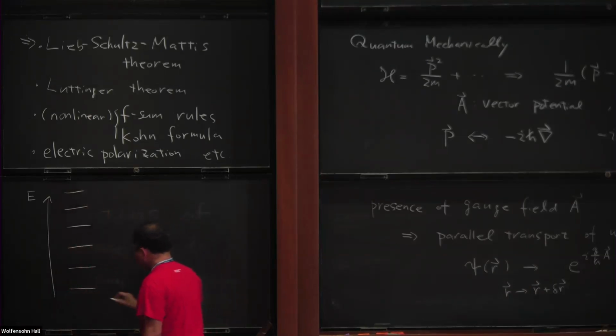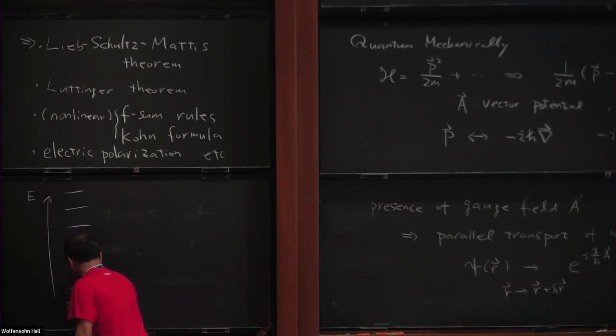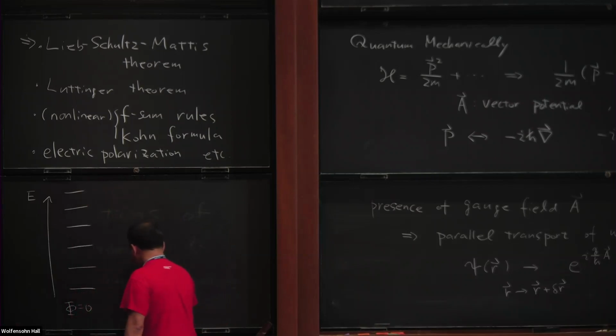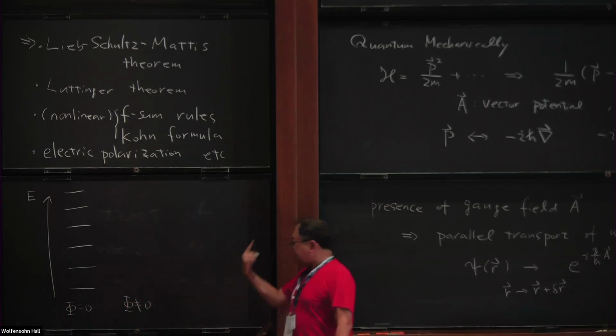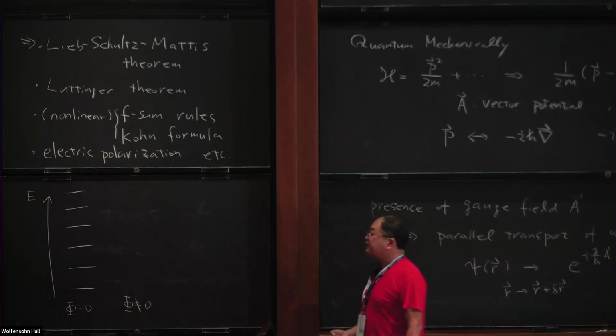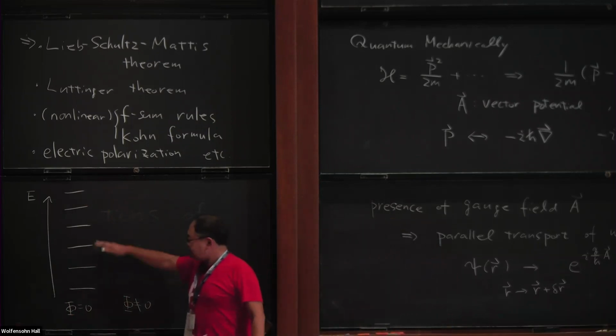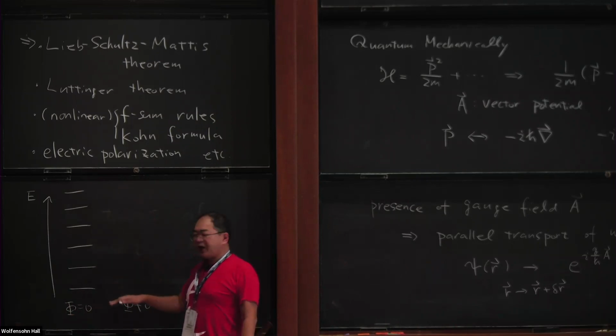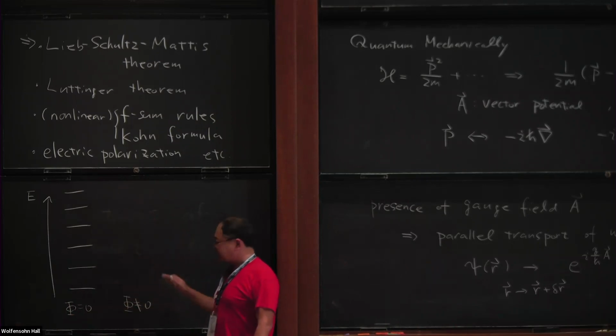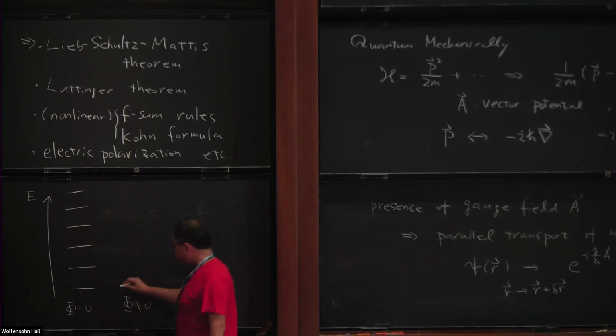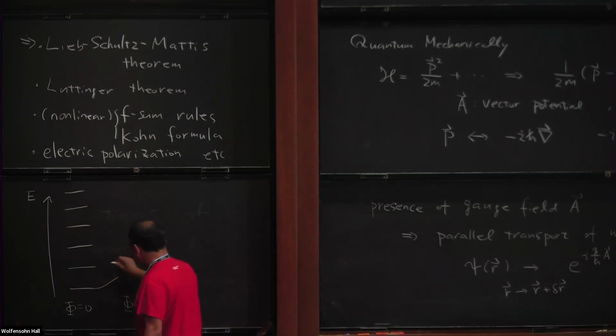And let's say this is the spectrum at phi equals 0. But when you insert this flux, then because of the AB effect, the particle motions are affected. So that means these energy eigenvalues of the many body Hamiltonian generally depend on phi. So maybe it changes like this, some dependence.